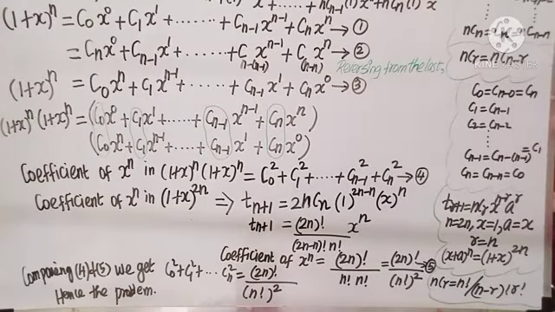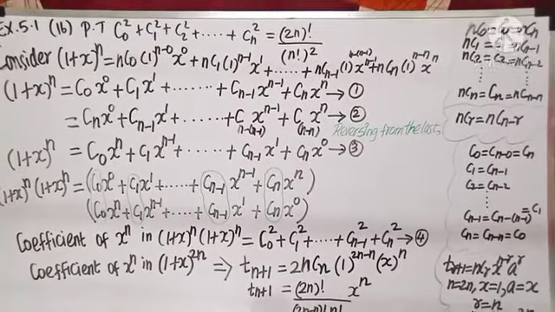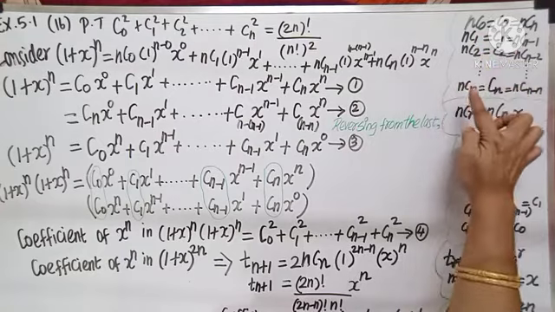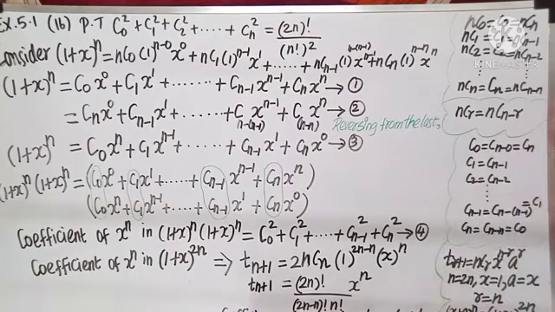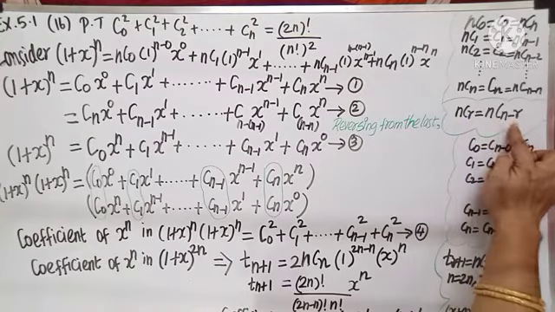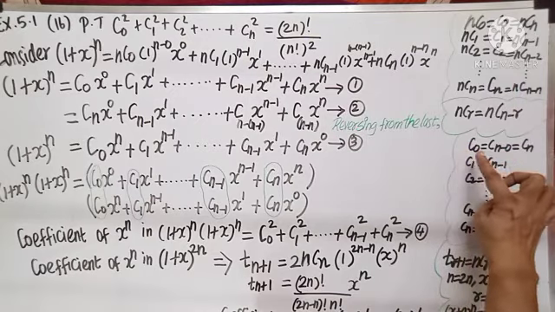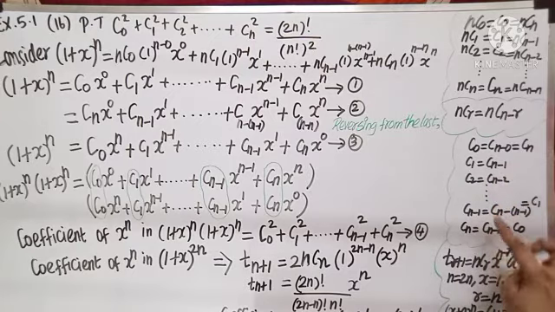Why do we say the problem is the most skillful problem? Right from the beginning, check. We are using nC0, nC1, nC2 up to nCn as C0, C1, C2 up to Cn, combination coefficients. Second formula, nCr is nC(n minus r). Wherever C0 is coming, it is C(n minus 0), that is Cn. C1 is C(n minus 1), and so on. Cn is C0.